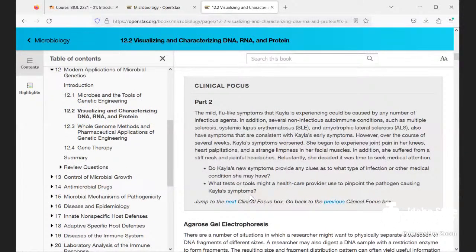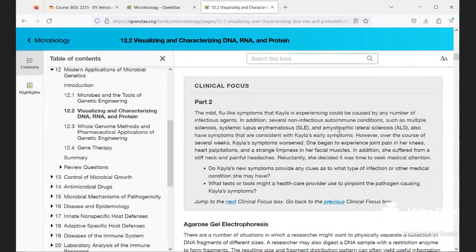So we progress though, and I'm just going to jump through these and talk about them quickly. So she's got mild flu-like symptoms, and there's numbers of things that she starts thinking, but she's feeling ill enough that it warrants going to a clinic, right? So there's non-infectious autoimmune situations that could be a potential for why she's feeling poor.